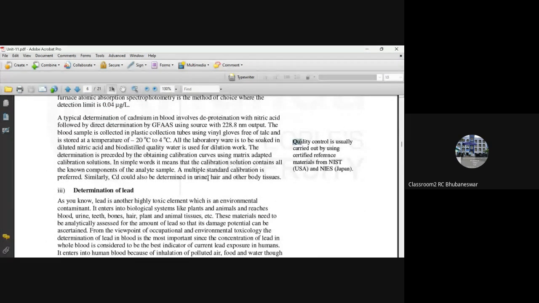See, quality control boards are there in Japan, USA. Quality control boards are there, which also study these kinds of things. Even in Odisha, and in other places, there are quality control boards, environmental pollution control boards.